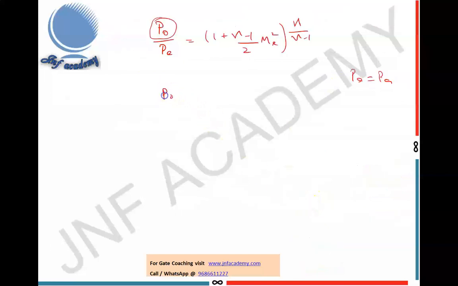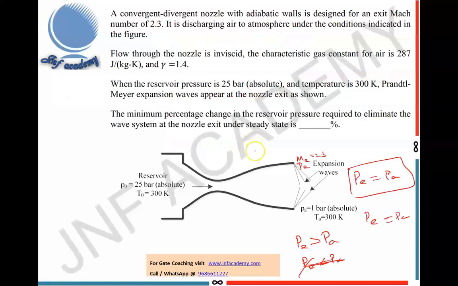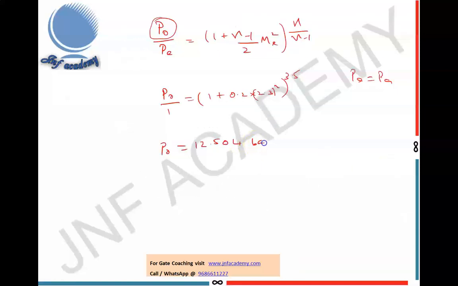So P naught by 1 is equal to 1 plus gamma minus 1 by 2, which is 0.2, into 2.3 the whole squared, which is your exit Mach number, the whole power gamma by gamma minus 1, which is 3.5. So you'll get your P naught to be 12.504.